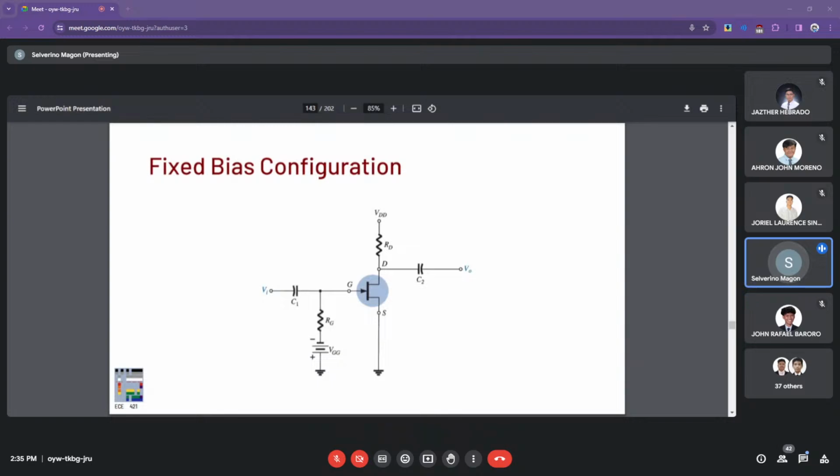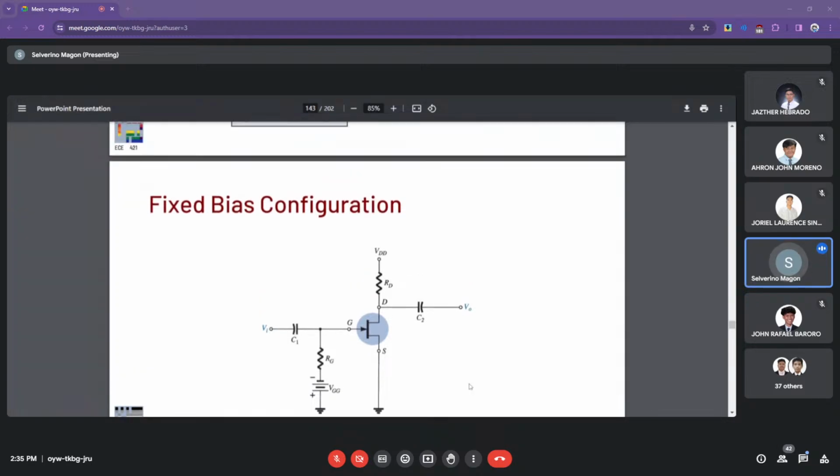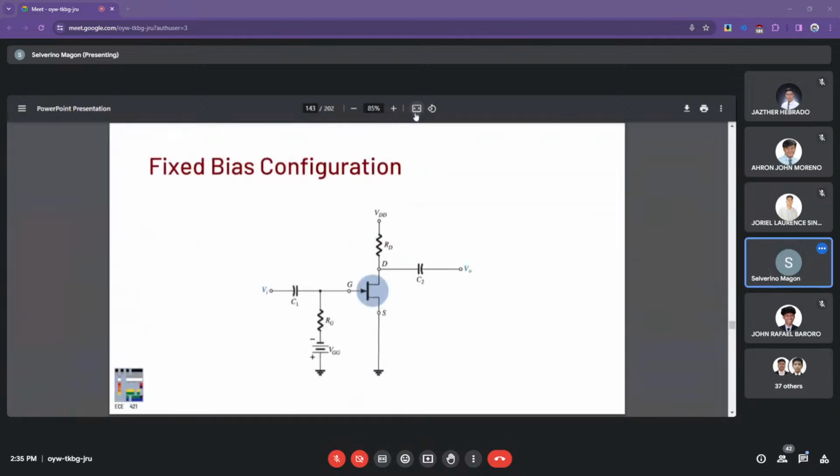Okay, so we will start our analysis with the simple fixed bias configuration. As we can remember, the same wiring connections are true for the case of BJT. But in this case, instead, we have a negative supply for the gate.